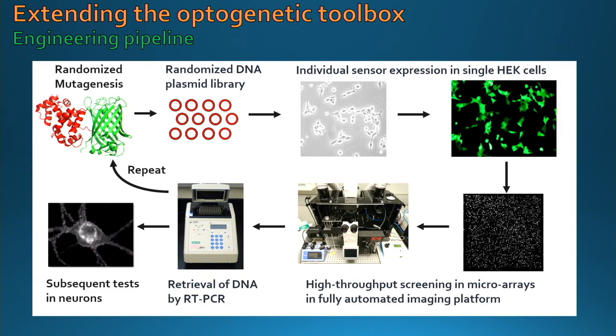We can pick the best performing cells from the microarray and retrieve the DNA content by using RT-PCR. And when we subject those improved variants through an additional randomized mutagenesis round, we can quickly optimize sensor function in an evolutionary-like process.